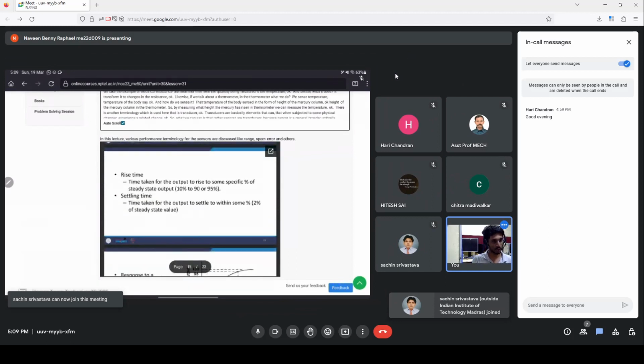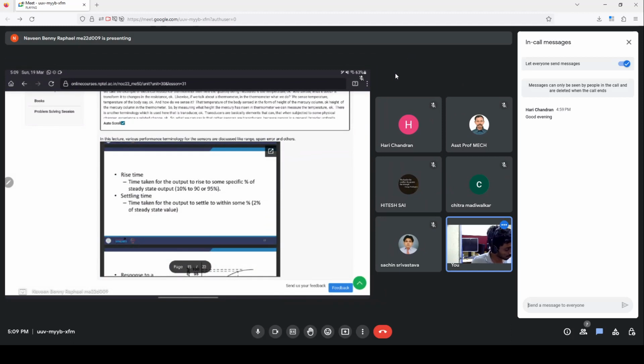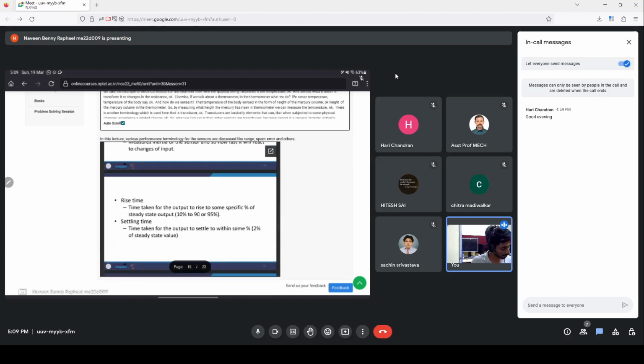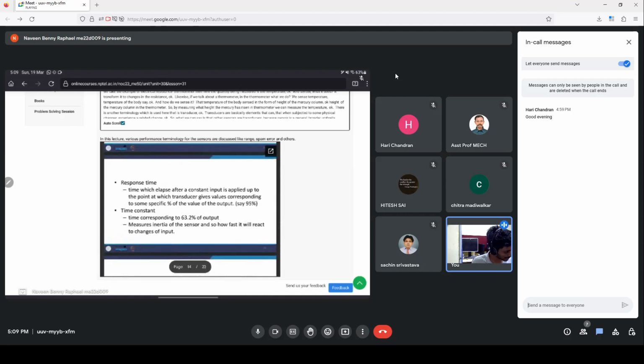We have certain choices to make for the rise time, in the sense that we decide what the specific percentage is. Meanwhile, for the response time, it is always considered to be 95% of the output.